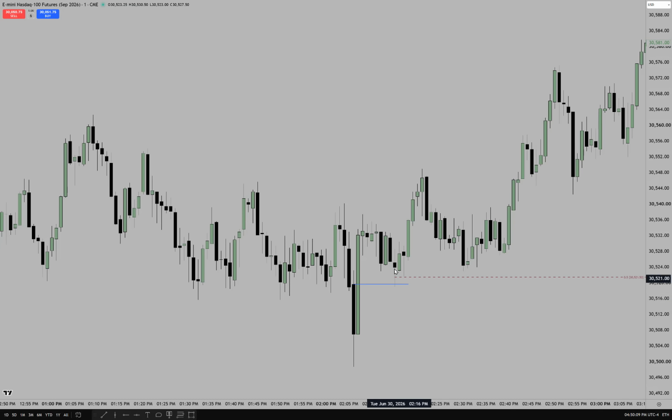That means the upper half to consequent encroachment, it can touch it. It can't put a body below it because if it puts a body below consequent encroachment, that invalidates the bullishness on short term. And the fact that we couldn't put a body even to consequent encroachment of that candlestick right here, and the fact that we couldn't even touch it at all validates the bullishness of that change in the state of delivery and that reaction right there.